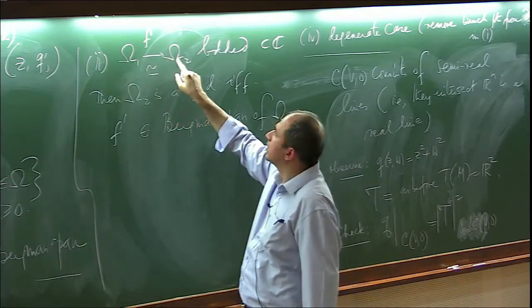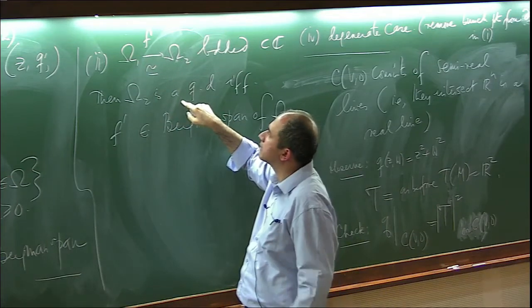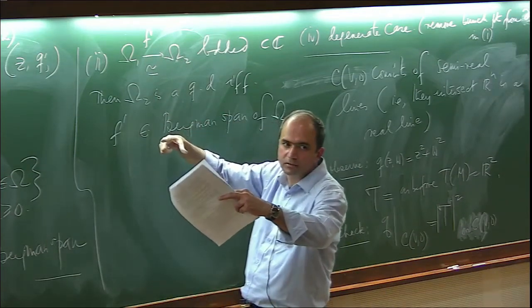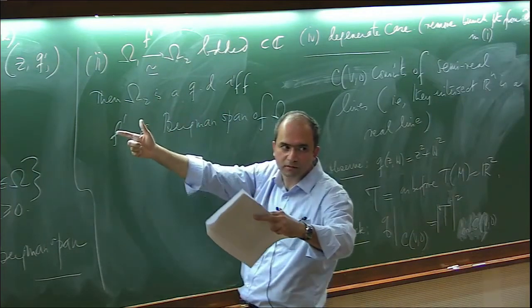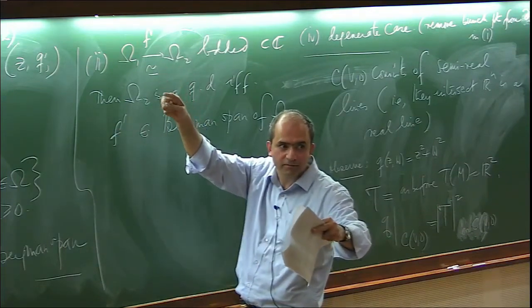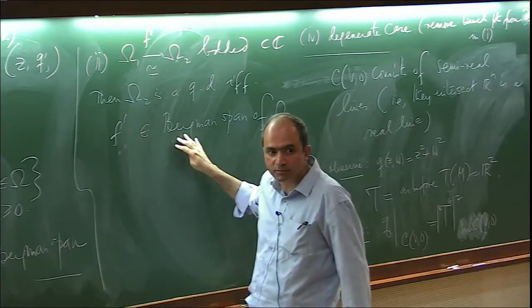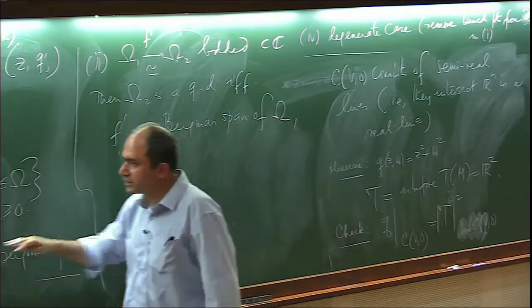If you happen to have omega 2 to be a quadrature domain, then you can play around with the inner product, use the change of variables formula. The change of variables is going to involve F prime, and using all that, turns out that F prime must belong to the Bergman span. And this is coming because of this interpretation.